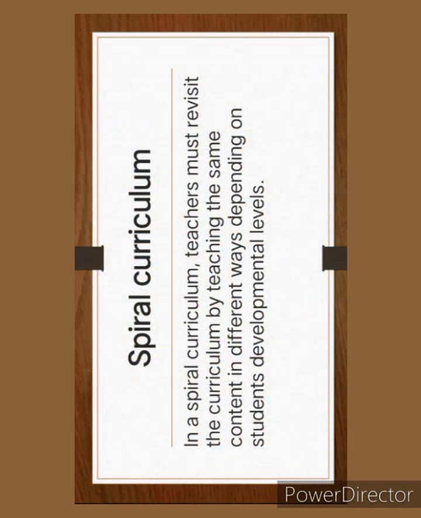Spiral curriculum. So spiral curriculum is the second main concept of Bruner's. In spiral curriculum, teachers must revisit the curriculum by teaching the same content in different ways depending on students' developmental levels.